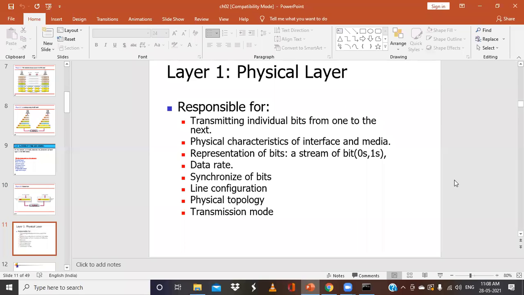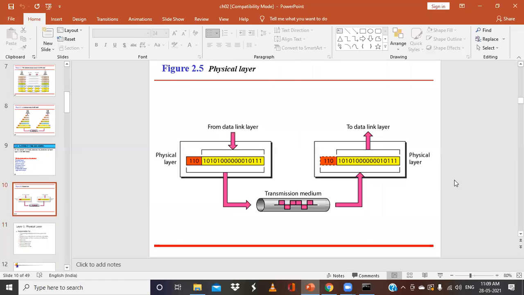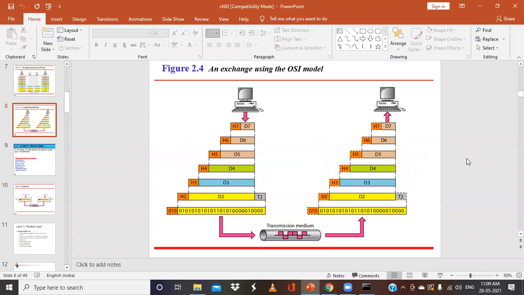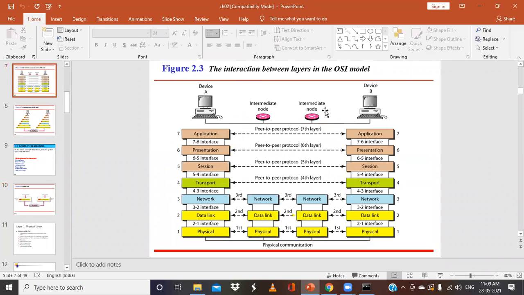It is responsible for transmitting individual bits from one node to the next. In this diagram, we are showing it from A to B. Suppose we are communicating from A to B. This device A is present at Belgavi, and this device B is present somewhere, say in Bangalore.